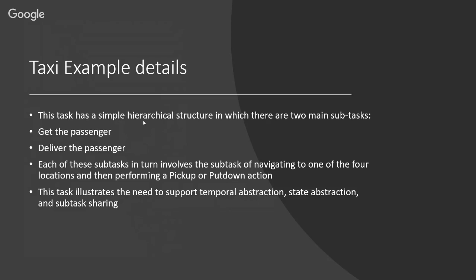So they're 2 separate things. Each of these subtasks in turn involves a subtask of navigating to one of the 4 locations and then performing a pickup or put down action. This task illustrates the need to support temporal abstraction, state abstraction, and subtask sharing, which I'll go into in more detail.